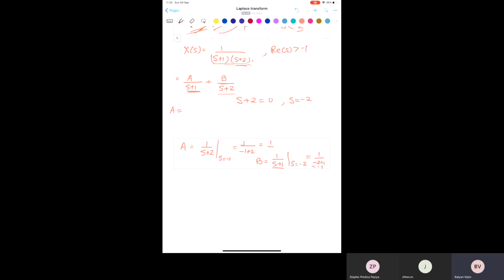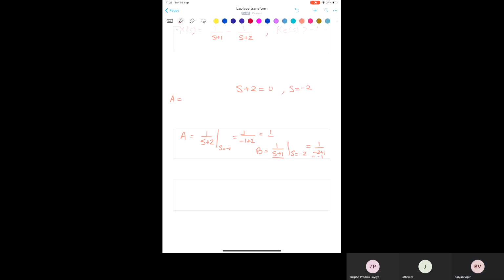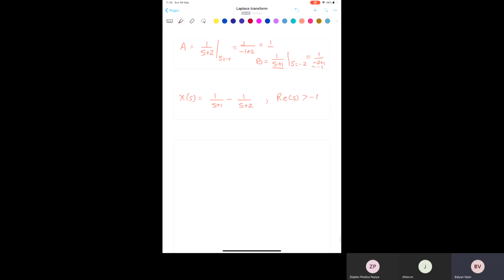So your X(s) now is 1 upon s plus 1 minus 1 upon s plus 2. And the range given is real part of s greater than minus 1. So now you have to think about the question in a very different way.